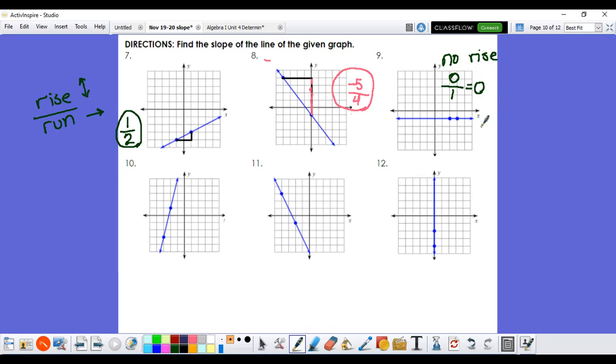So for a horizontal line, there is 0 slope or no slope. Horizontal line, 0 slope.